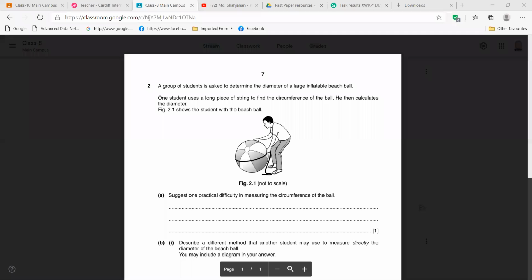Basha, don't annotate. Just showing that you have to write the answer here. Adrita, tell me, then I'm writing. Okay, sir.